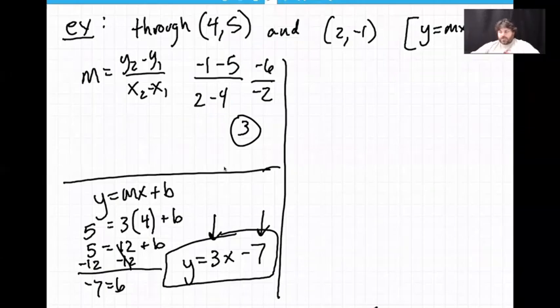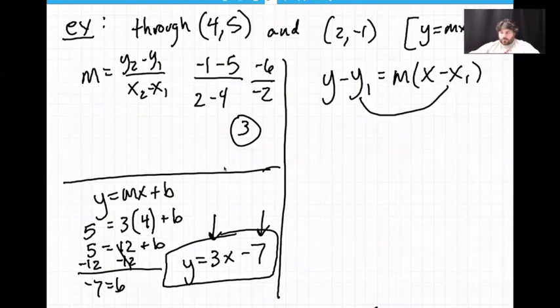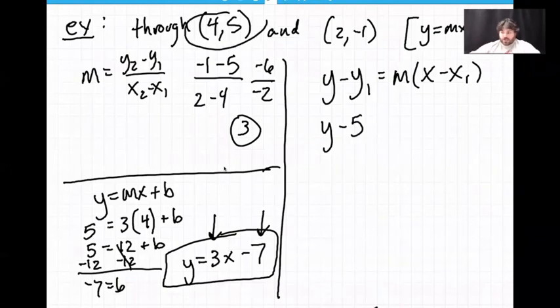All right, let's try it the other way. Let's use the other formula. Maybe you prefer this way. Remember, x and y are my coordinates, and m is the slope of the line. So I'm going to say y minus the y value, which is 5, using this coordinate up here again, equals the slope of 3 times x minus the x value, which is 4.